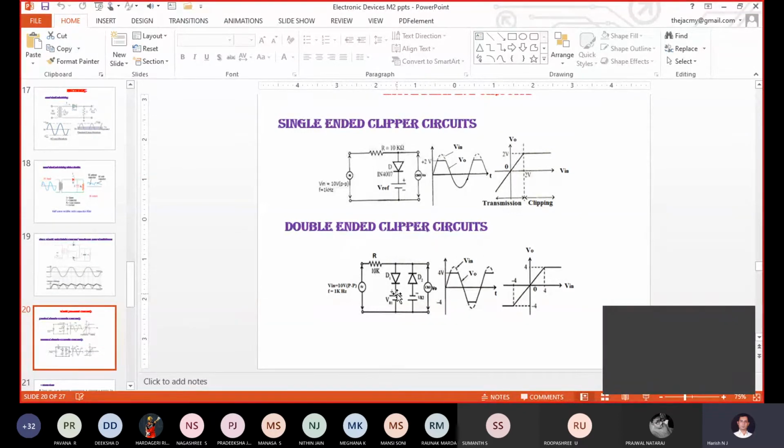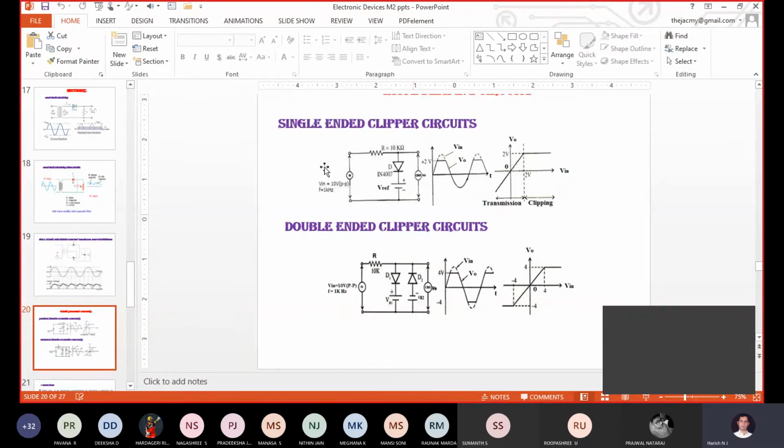Correct. So just by interchanging the orientation of the terminals of the PN junction diode as well as the terminals of the DC source, we can clip the required portion of the input signal. How we are going to tune your power supply value, how we put the orientation of the PN junction diode, and how many diodes you use for designing, and so on.